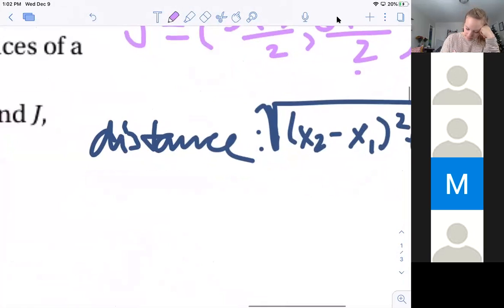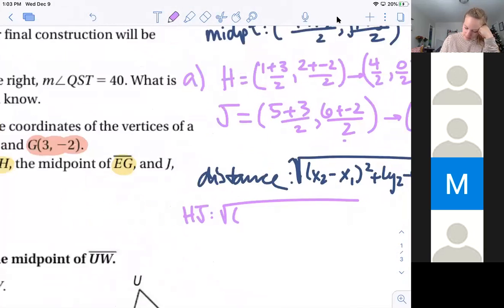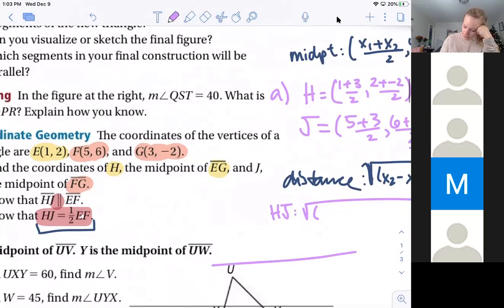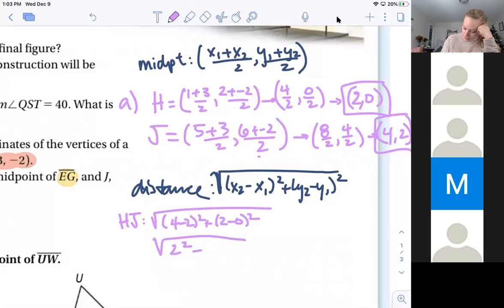So HJ is, that's the point over there, (2, 0) and (4, 2). So I'm going to do 4 minus 2 squared plus 2 minus 0 squared. 4 minus 2 is 2. 2 minus 0 is 2.